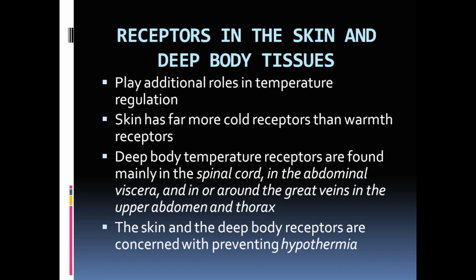Even in case of deep body temperature receptors, which are found in the spinal cord, in the abdominal viscera, and around the great veins in the upper abdomen and thorax, these receptors mainly consist of cold receptors. That means the skin and deep receptors are concerned with preventing hypothermia. Since they are the cold receptors, they sense hypothermia, and their major role is to prevent hypothermia.